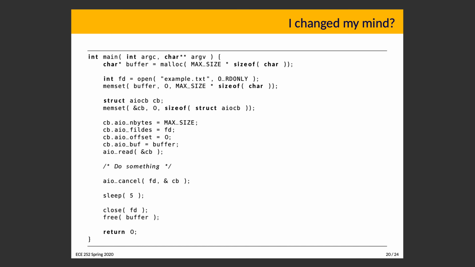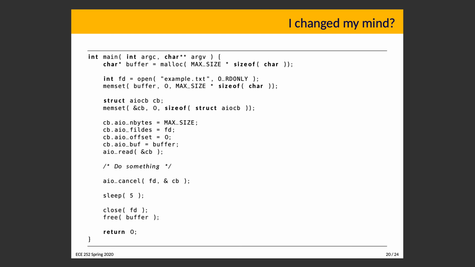So we'll follow that with a super silly example in which we're going to just cancel immediately an AIO operation that we have completed. It doesn't really correspond to any meaningful example. You wouldn't do this in real life, but if you just wanted to see an example of how you put the cancellation call in, here's what happens. We set up our AIO control block as per usual. We memset it.